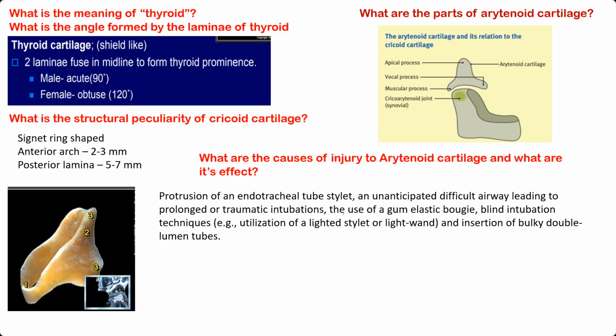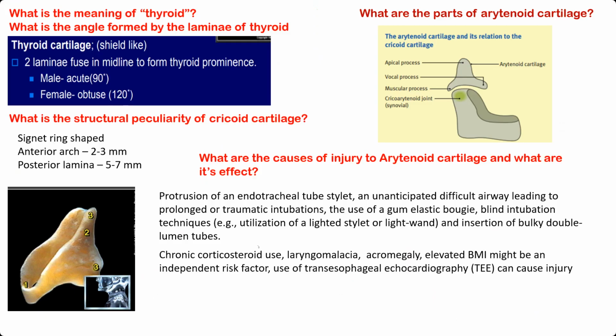And it may be when you use a gum elastic bougie for difficult intubation or blind intubation techniques using a light band or a stylet, or insertion of bulky double lumen tubes. In all these incidences, it's a chance that arytenoid cartilage can be injured. Other preconditions which may also lead to arytenoid cartilage injury are chronic corticosteroid usage.